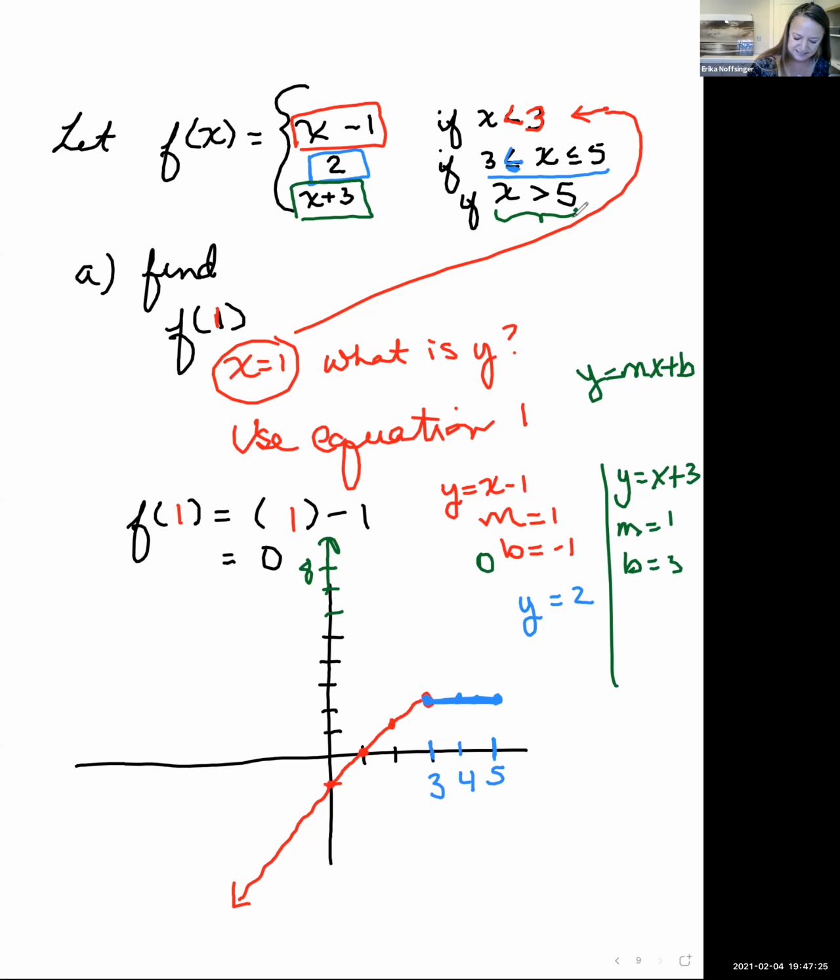And then if I plug in 6, I get 9. And erase this stuff. And so I just know it's a line, it's increasing. And so it goes up like this.